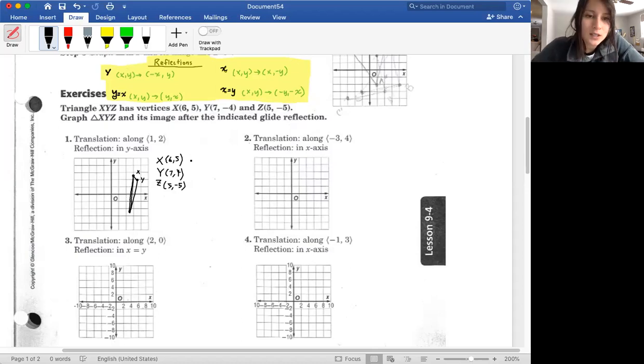Going through a translation means it's now moving to the right 1 and 2 down. So I'm just going to add 1 to my X value and 2 to my Y value.